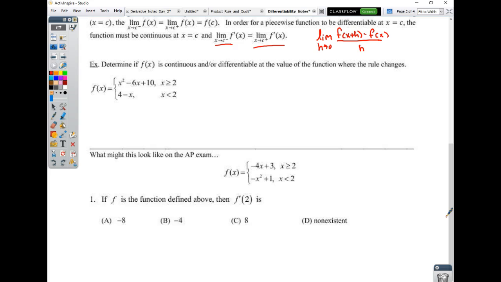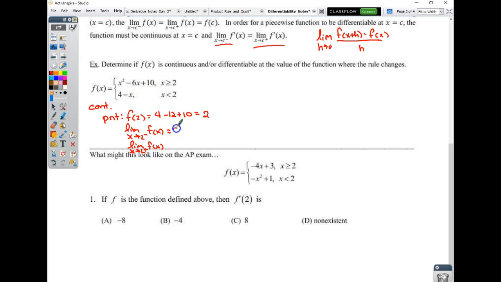So in a piecewise function like this one, we determine if it's continuous or differentiable at the value where the rule changes. The first thing we do is check for continuity, which requires a point. In this case, the change is at 2. f of 2 is 4 minus 12 plus 10, or 2. Then we need to find the left limit: the limit as x approaches 2 from the left, and the limit as x approaches 2 from the right, of f of x.